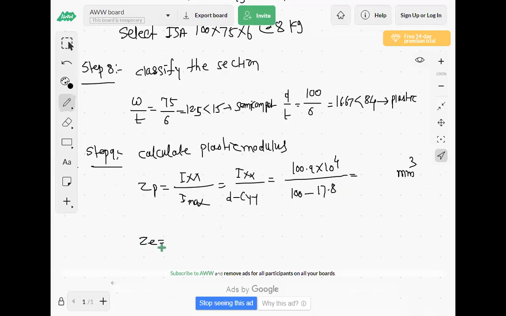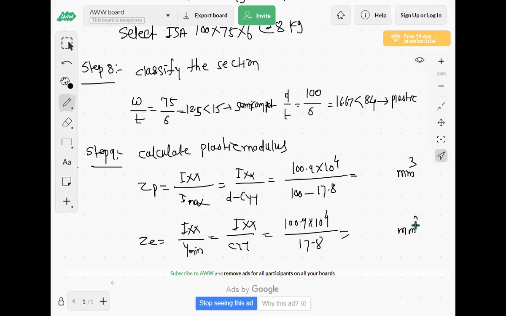Similarly, we have to calculate ZE value. So ZE again Ix divided by Y minimum. So Y minimum is a Cyy. So here 100.9 into 10 raised to 4 divided by Cyy is again 70.8. So tell me this both value ZP and ZE, plastic section modulus and elastic section modulus.